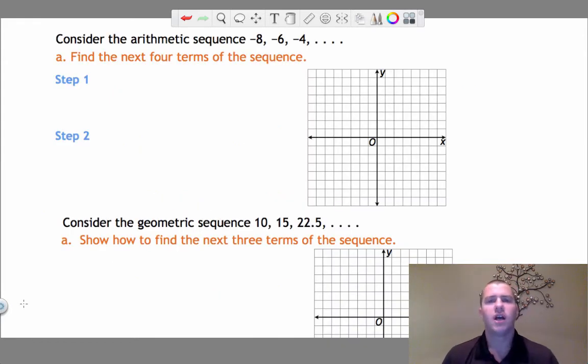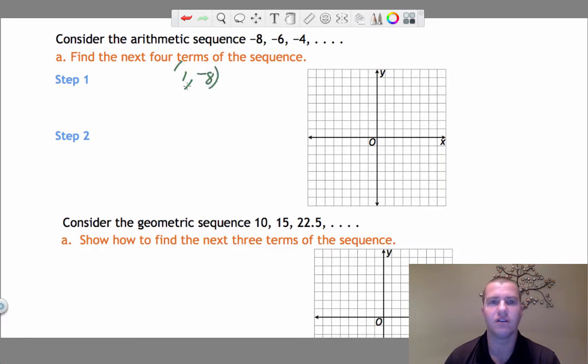One thing I want you to understand and recognize is what happens when you graph an arithmetic sequence. Basically all it is is plotting points. The first point, the x is 1, and the term is the y value.